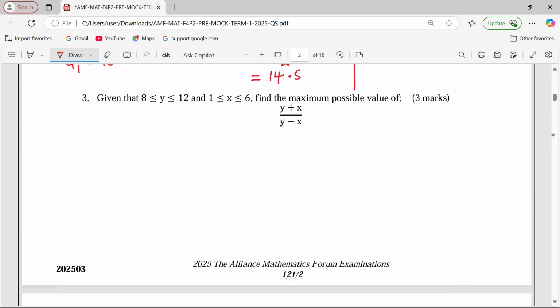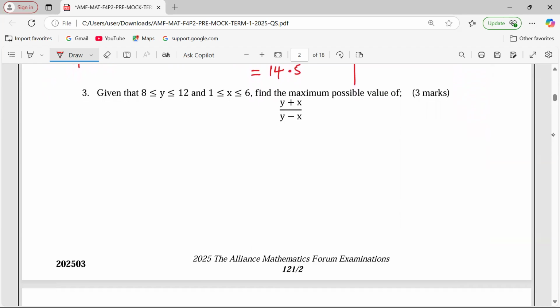There is a question in number 3, which is on errors and approximations. Given that the value y lies between positive 8 and positive 12, then the value of x lies between 1 and 6. Find the maximum possible value of y plus x divided by y minus x.